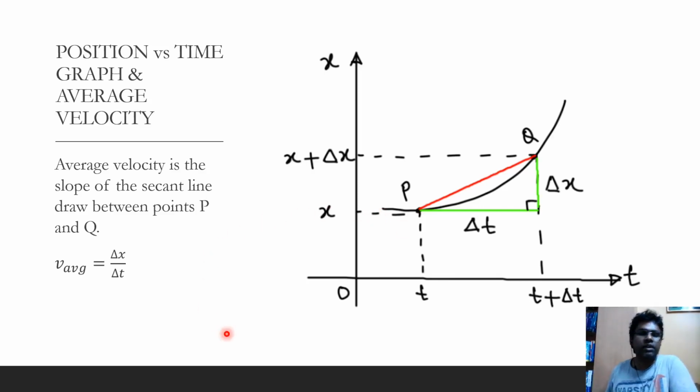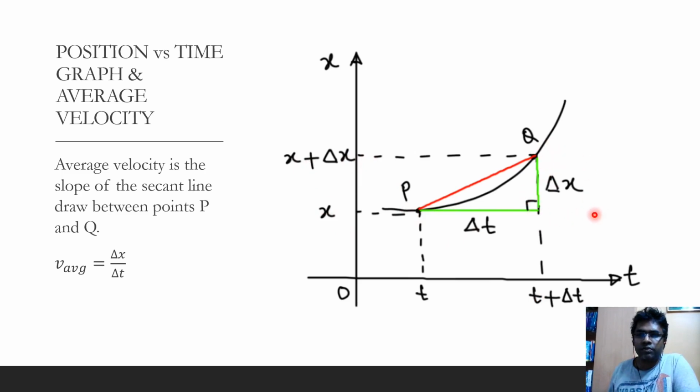It is helpful in understanding the meaning of average velocity with the help of a position time graph. Here the position of the particle is taken along the y-axis and the time is taken along the x-axis. If you follow this curve, it shows the position of the particle at various times, and at two particular times, t and t plus delta t, the positions are given as x and x plus delta x.